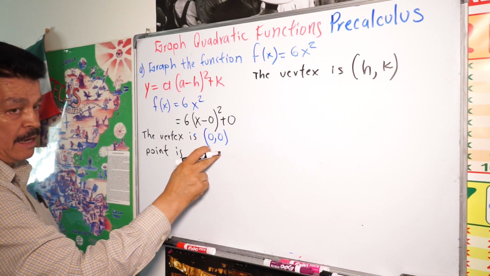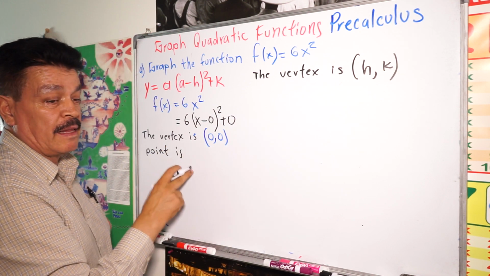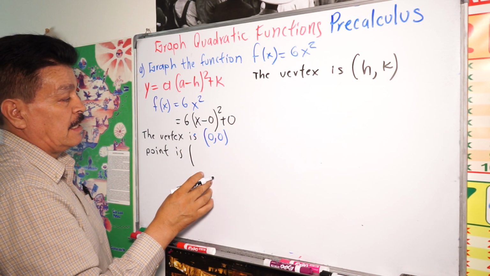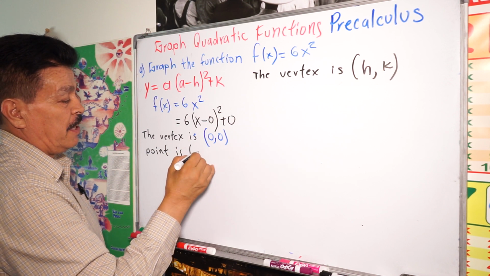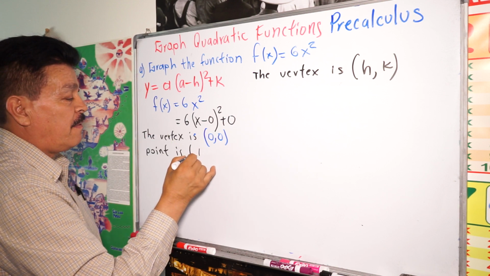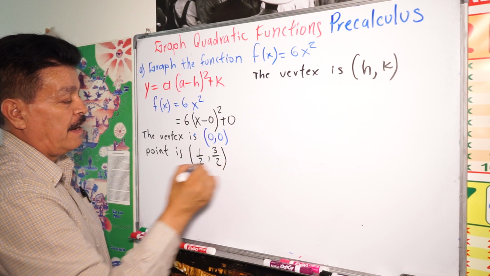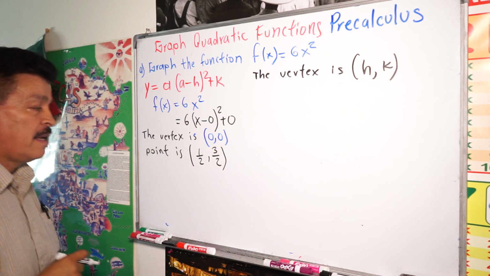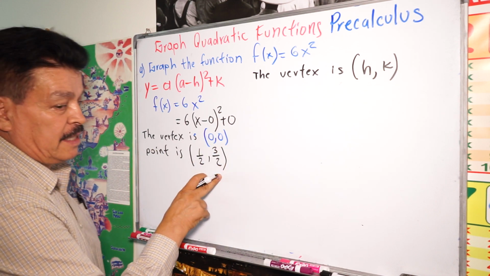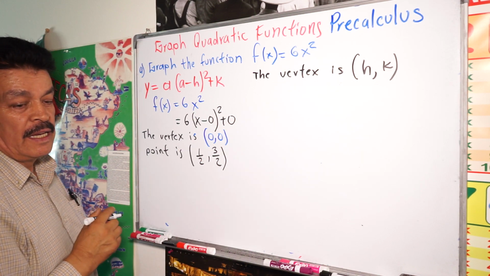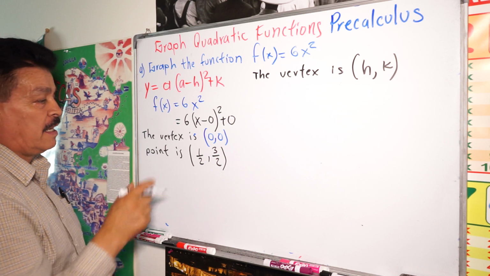We have the vertex, and one point will be x equals 1/2 and y equals 3/2. So we plug these points in the graph.